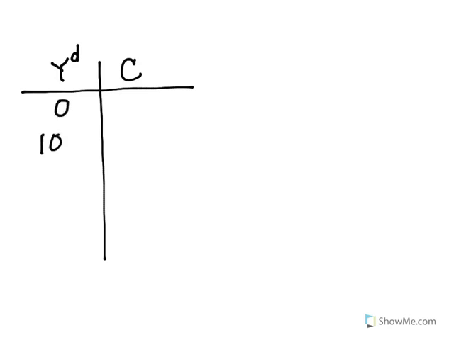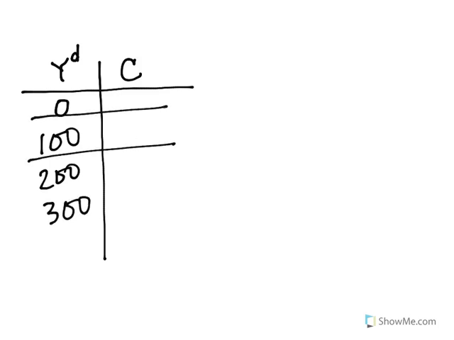So again, what we would want to do is start off with a table giving us the information in terms of our consumption in relation to disposable income. So again, let's say that I just have these 3 different levels of income listed here, actually 4 because I'm starting out with 0, and then I can look and see what is the consumption that's taking place at the different levels of income.